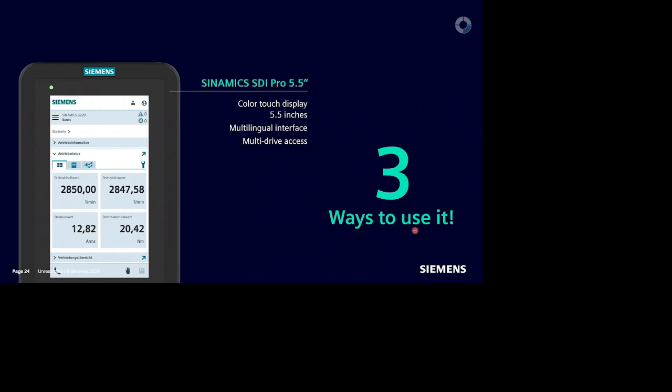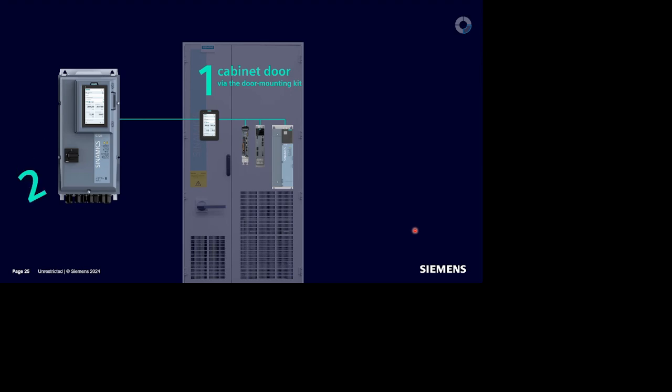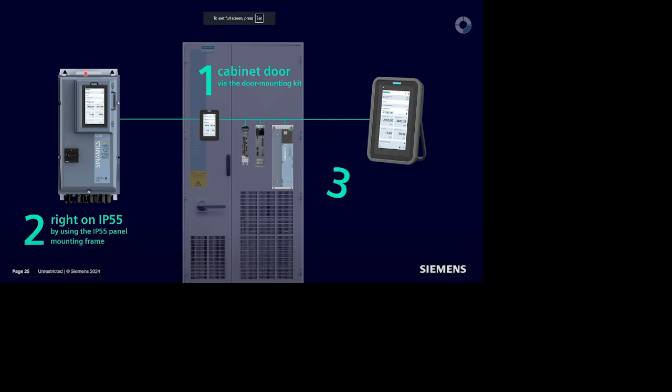There are 3 ways to use our SDI Pro. The first one is you can mount it on the door of the cabinet. The second one is that you can also mount it with a special frame. It can be mounted on the IP55.